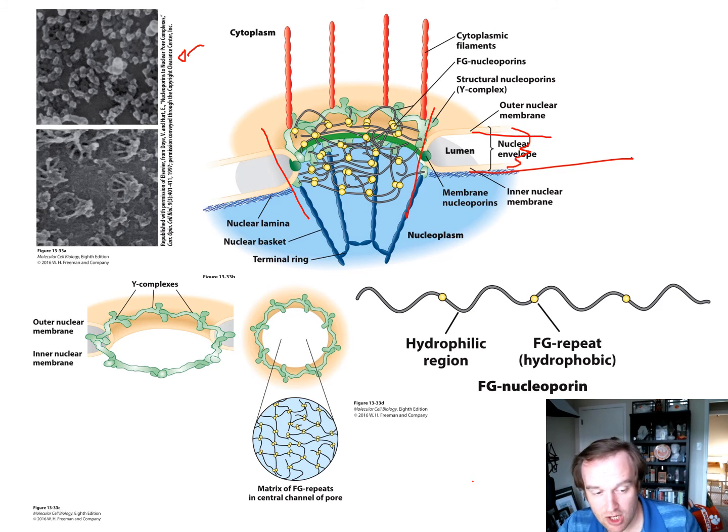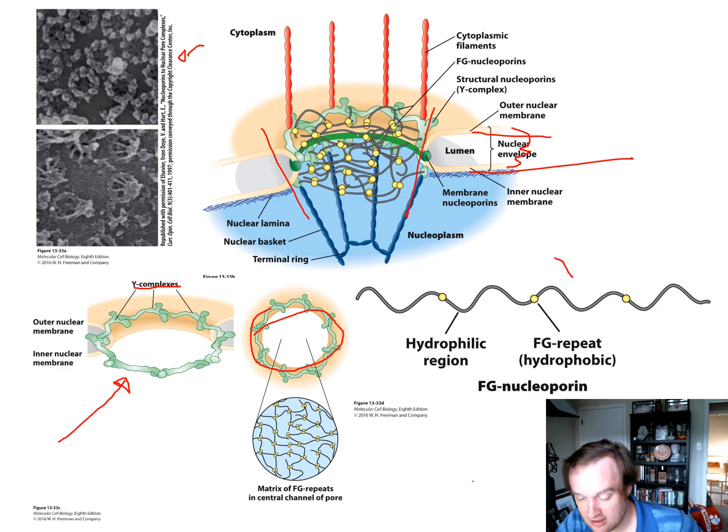Down below, we can see the scaffold structure on this figure. There are 16 copies of this Y complex that they're indicating here. These form that pore, or if you look from the top view, they form the ring to allow that pore to exist. And then lastly, we have these FG nucleoporins on figure D, where we have this extended structure and these repeat sequences.